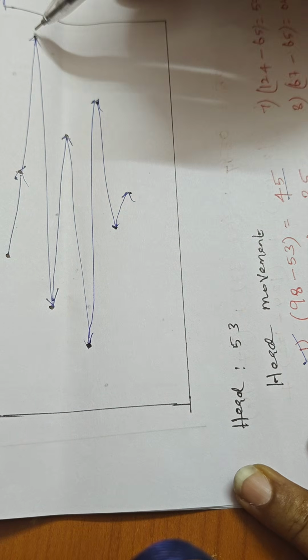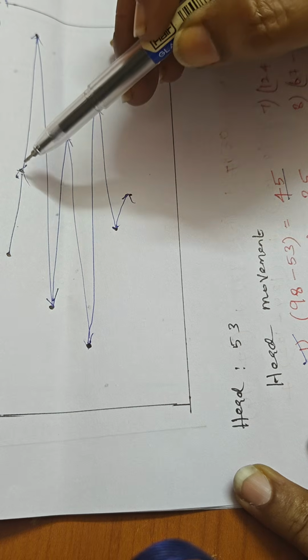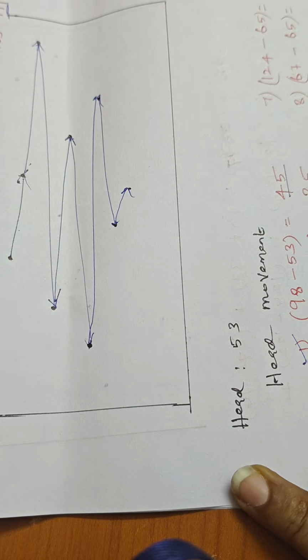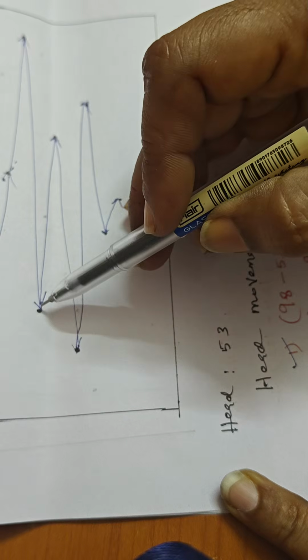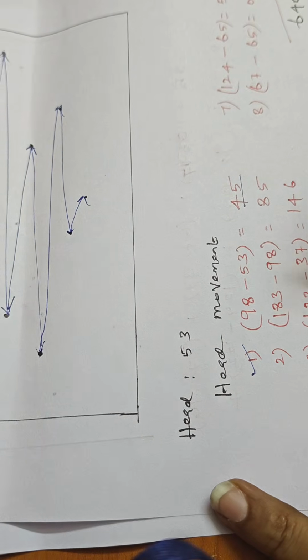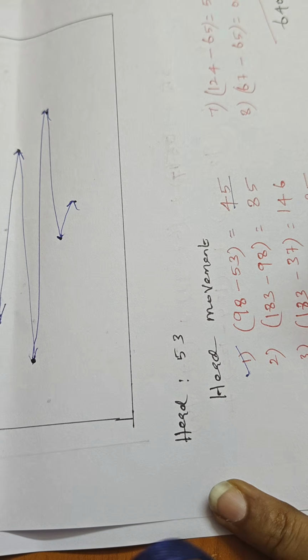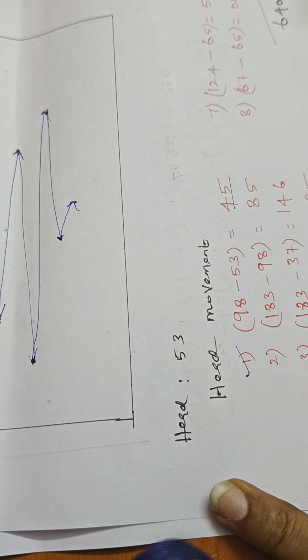From 98 the head moves towards 183, so subtracting 98 from 183 gives 85, and from 183 the head again moves to 37, so 183 minus 37. Similarly follow it for each and every head movement, from where it starts to where it ends, and that value should be calculated.